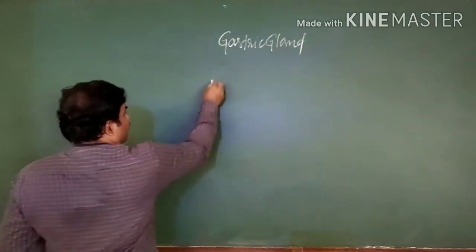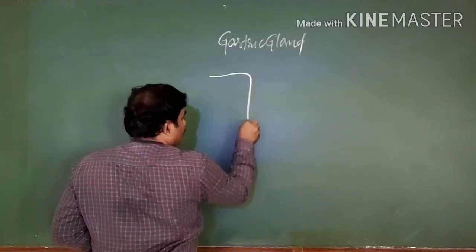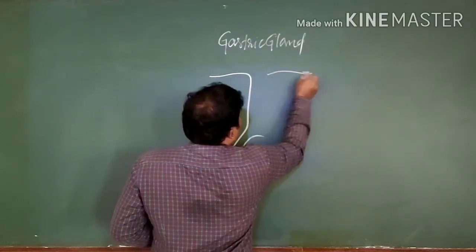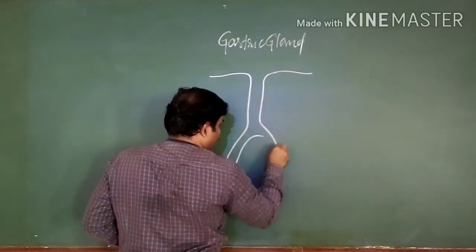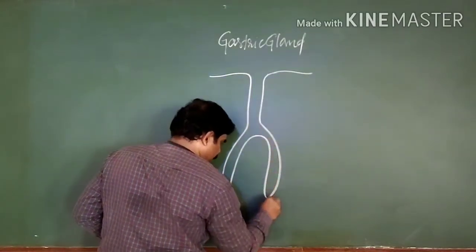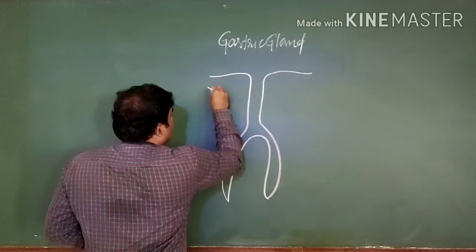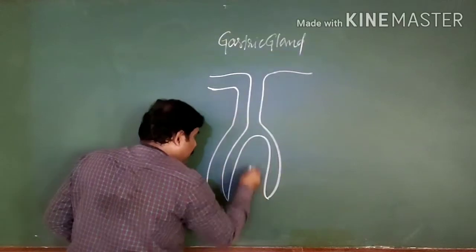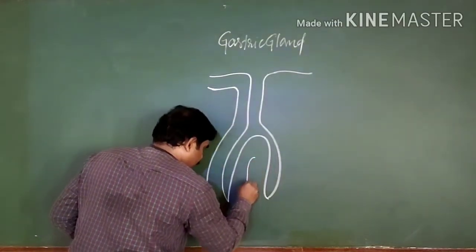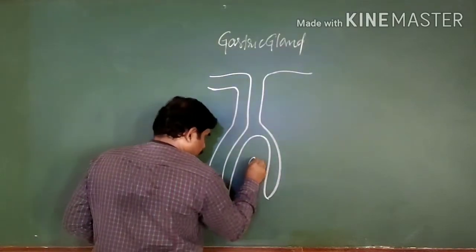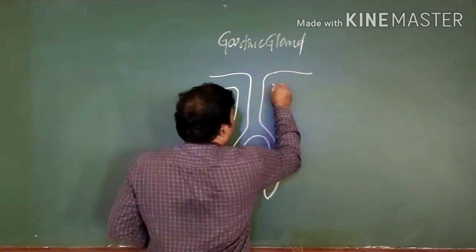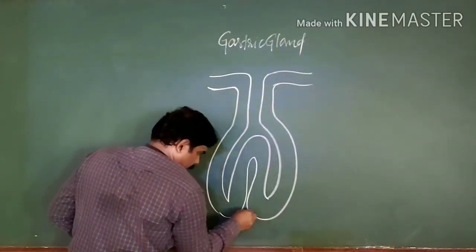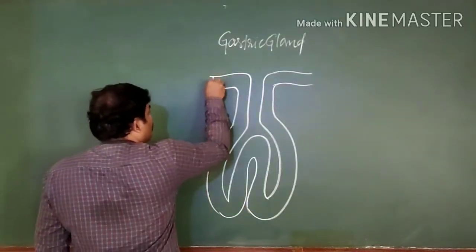Gastric gland, its structure. So these are the epithelial cells of your gastric gland. You can see here all the cells are present.